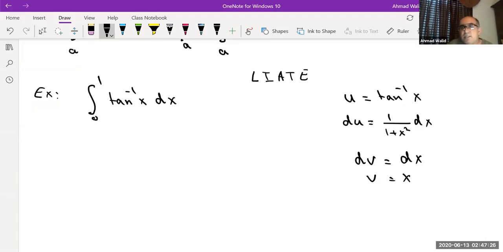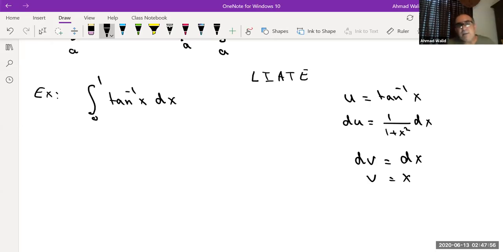Now, let's put these parts in our by-parts formula. My formula, again, I'm writing here, if you have integral from a to b, u dv, it's equal to u times v from a to b minus integral from a to b of v du.